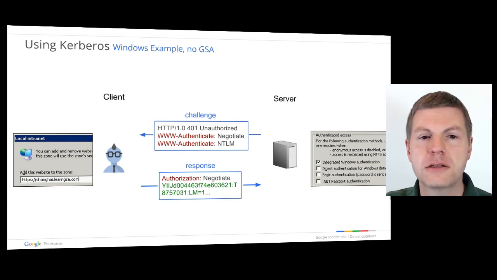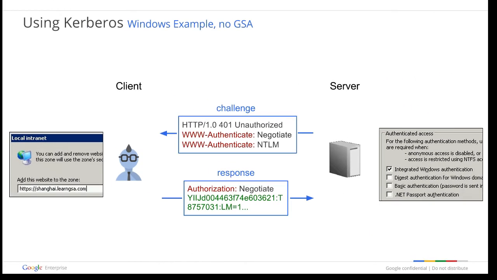In IIS, you enable integrated Windows authentication. This will configure IIS to attempt to use Kerberos with browsers and to use NTLM in the event that Kerberos negotiation fails for any reason. Kerberos authentication must be silent, so the user's browser will also need to be configured not to prompt the user for credentials.